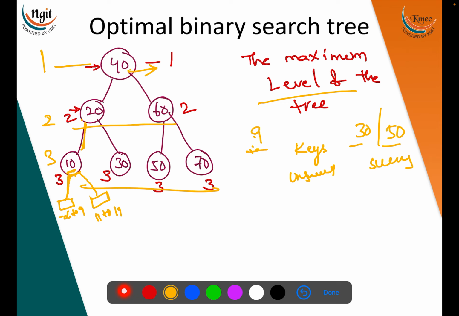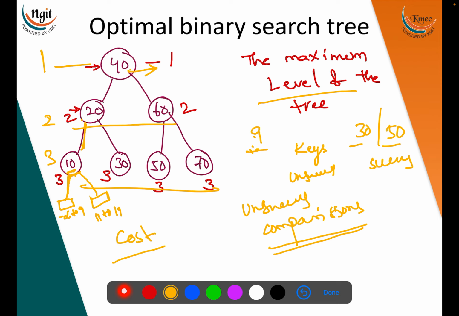If an element is not found, then the search is called an unsuccessful search. So we need to know the amount of comparisons that we are doing, and that amount of comparison is nothing but the cost of searching in a binary search tree.